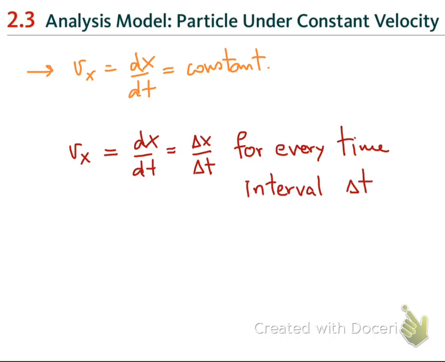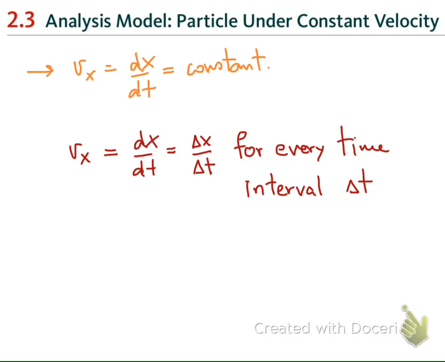This is because when the velocity is a constant, if you calculate the average velocity, it must equal the velocity at any instant. Because at any instant the velocity is a constant, so the average is equal to the velocity at any instant.